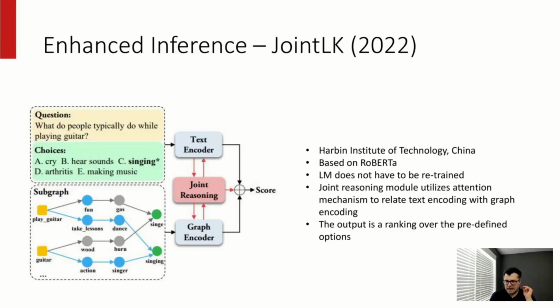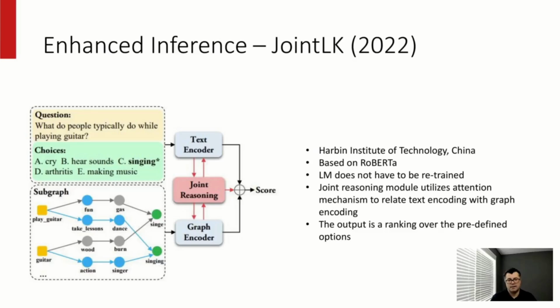So you have the language model, you have the inputs that are text-based, and then there's a subgraph that relates to the question. Here, what they introduce is a module for joint reasoning. It takes the embedding from the graph, it takes the embedding from text, and it tries to relate them through an attention mechanism.